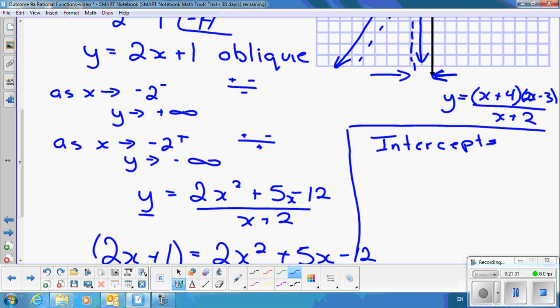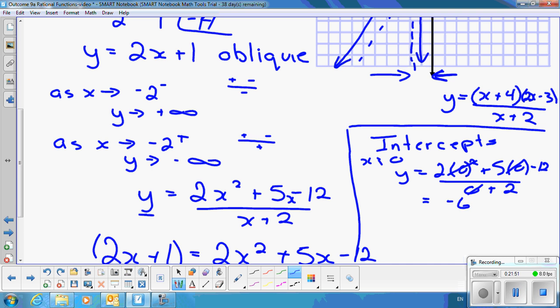So if we let x equal 0, we end up with y being equal to 2 times 0 squared plus 5 times 0 minus 12 all over 0 plus 2. Well, all of these are 0, so negative 12 over 2 means that we cross at y equals negative 6.